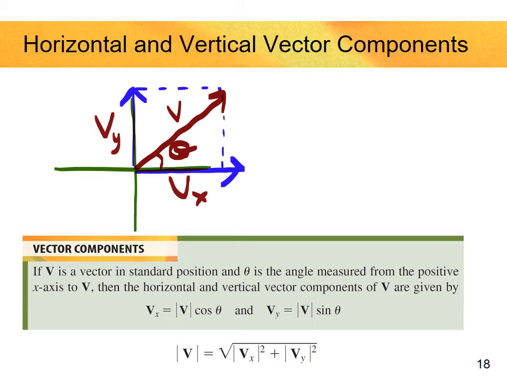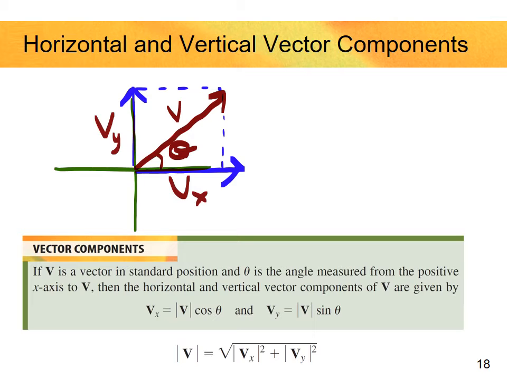Horizontal vertical vector component says if I know the resultant vector, I can get the x or the horizontal vector by taking the magnitude of v and multiplying by cosine. If I know the angle, that'd be great. I do the same thing for y. So to get the vertical component, I take the magnitude of v, multiply the sine of theta, and done.